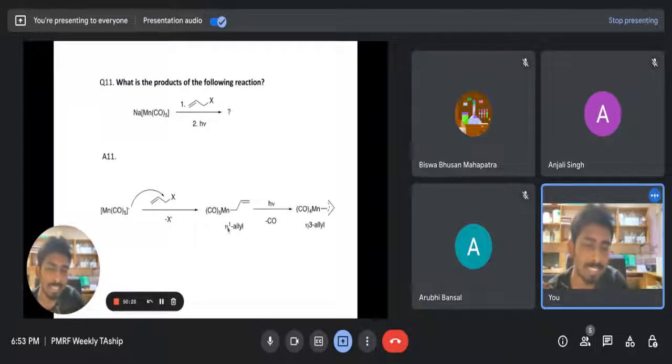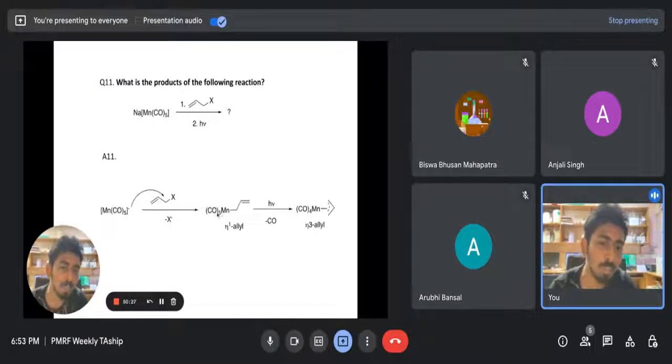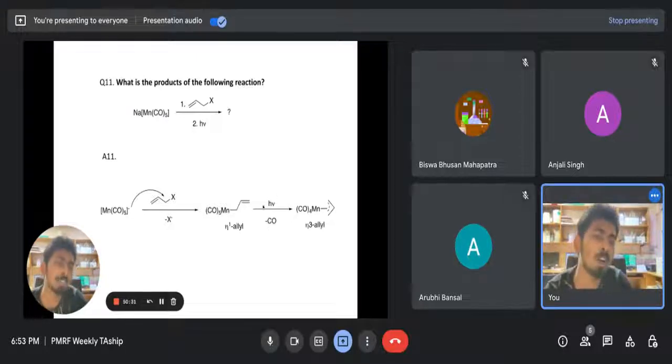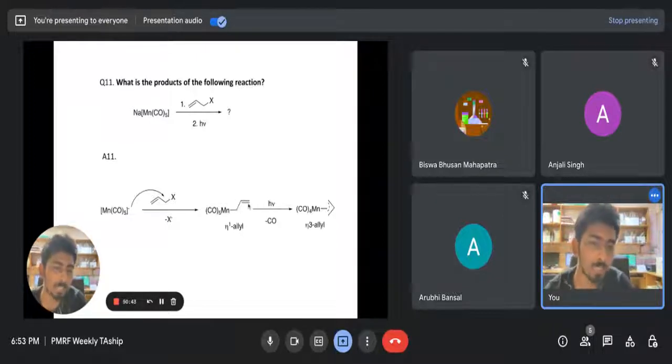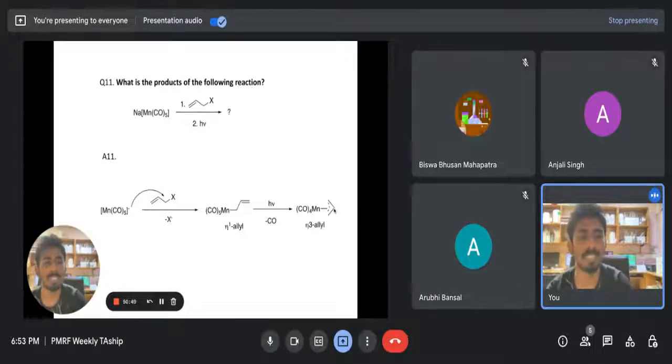Here we are having an 18 electron compound. If one of the CO molecules gets eliminated, we are having a 16 electron complex. Since 16 electron complexes are less stable than 18 electron complexes for manganese, it will allow this eta 1 allyl to form an eta 3 allyl, so that from 2 it will have 4 electron donorship. Then it again forms the 18 electron count.